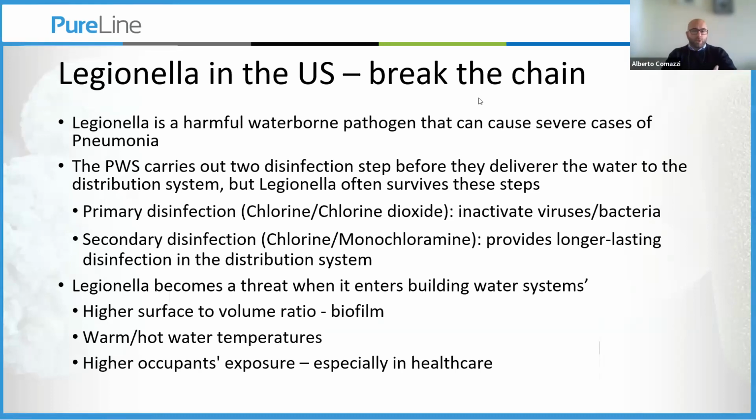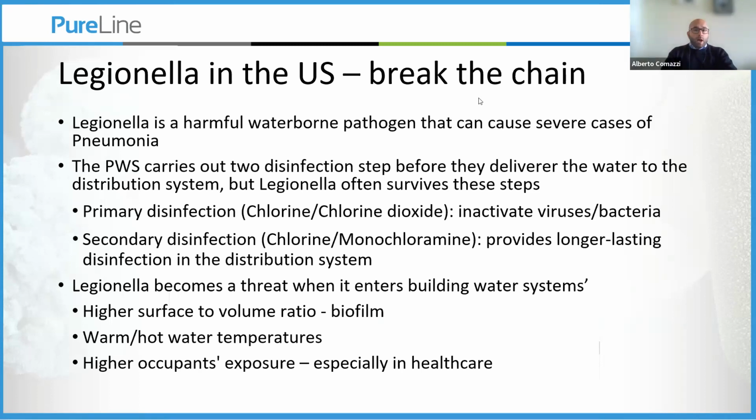If a person breathes in the water droplets with the Legionella germs in it, they can get sick, can develop a severe pneumonia, especially if that person is immunocompromised. But I think that for today's call, it's more beneficial to understand how Legionella gets in the building plumbing systems and what we can do to mitigate the risk of somebody getting sick in buildings.